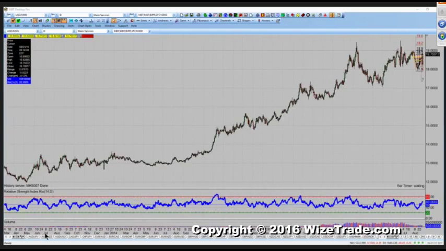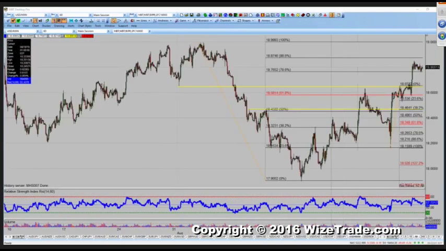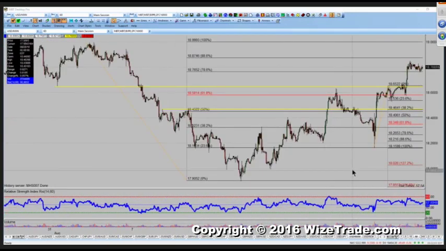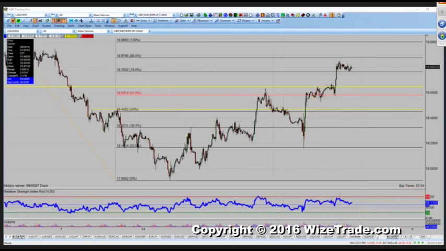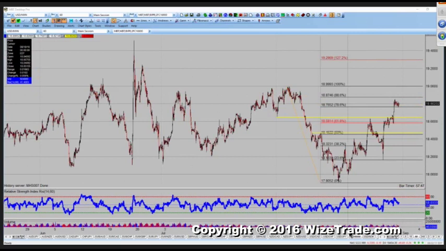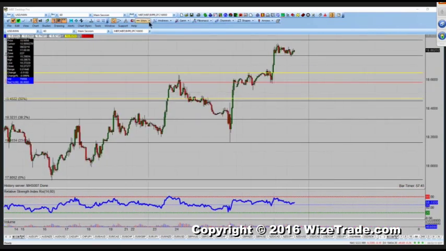Peso. Here's your peso. I actually considered shorting this yesterday, and then I thought, wow, that's stupid. I really did. I was thinking yesterday, man, I want to short this US dollar Mexican peso. And then I thought to myself, why would I do that? This thing is like out of control strong.